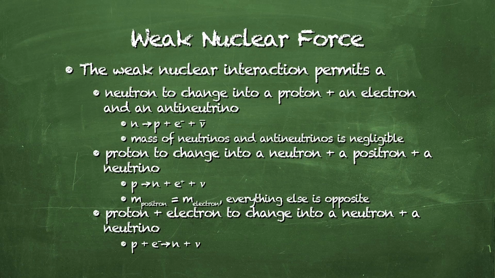And since we started off with no electrons and wound up with a positron, which has an electron number of -1, we have to balance that out with a neutrino, which has an electron number of 1. So our nucleon number is 1 on both sides.